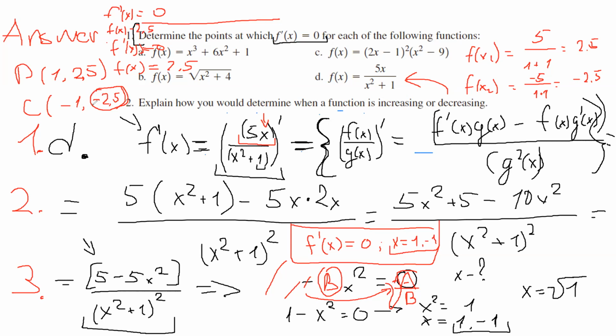When the derivative equals 0, it means it's a critical point, right? Yeah. So to determine whether the function is increasing or decreasing, we have to look at the values of the function before and after this point. Am I right? Yeah. So what would you do?